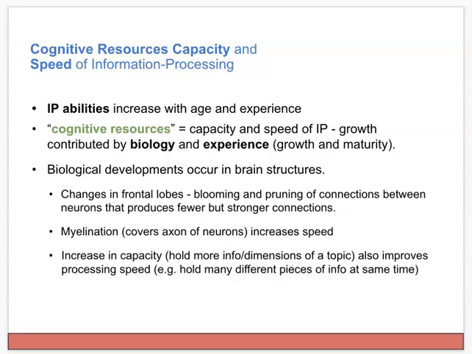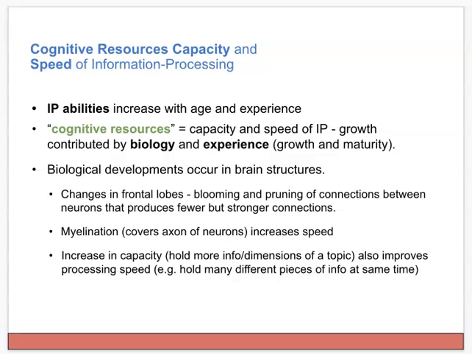Another biological change that affects the speed of IP is myelination of the axon of the neurons, right? So as children grow up and get older, there's more and more myelination, and as we know, myelination increases speed, the speed at which neurons can pass energy, right?